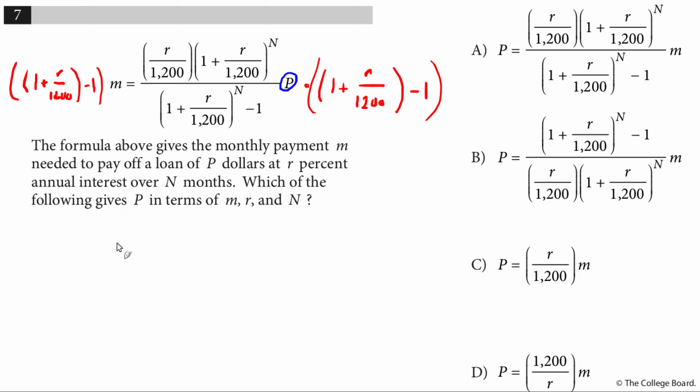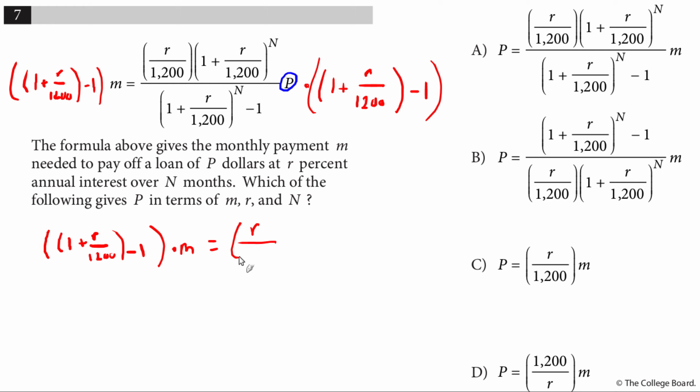And so now I have 1 plus r over 1,200 minus 1 times my m. And that will equal all of this left over times p.